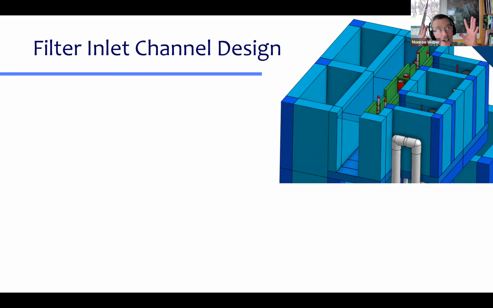In order for the water in the channel to slow down, somebody's got to push on it and make it stop. And that somebody is the end wall. The end wall is pushing on the channel. And in order to push on it, the water actually builds up a little bit right at the end of the channel. And so the water level is higher at the end of the channel. The last filter gets the highest flow rate.